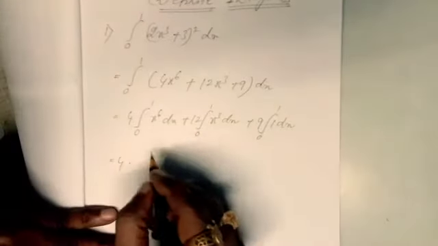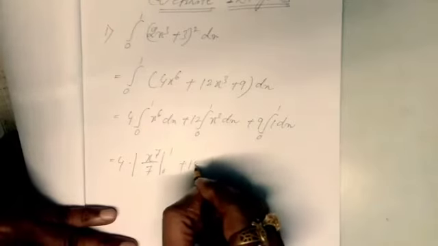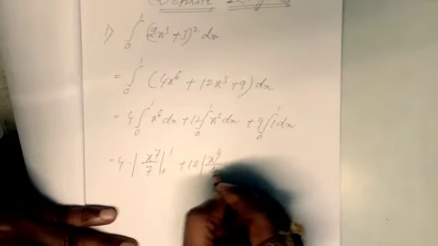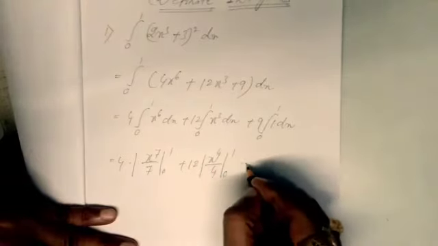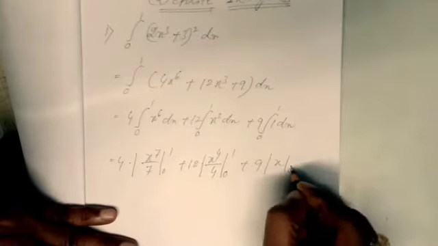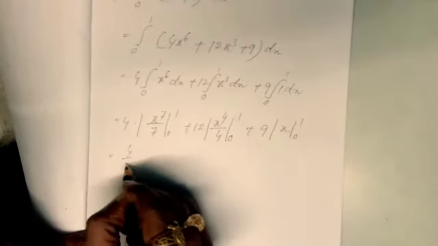Then this will be the integration of x to the power 6 is x to the power 7 by 7, limit 0 to 1. Next one is 12, x to the power 4 by 4, limit 0 to 1, plus 9, integration of 1, that will be x, 0 to 1. Okay. Next you see, take the constant number outside, 4 by 7.